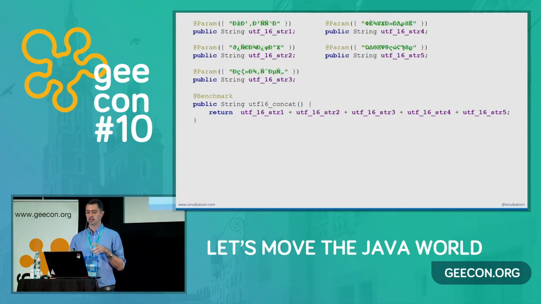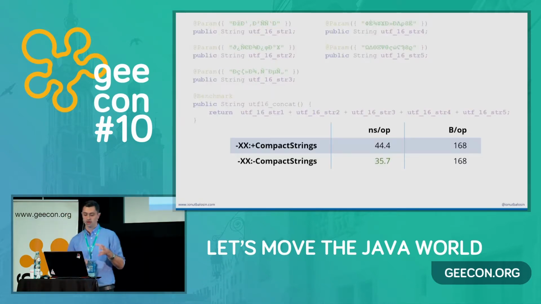And here what I did using JMH, I took several strings, like 5 strings actually, all of them backed by the UTF-16 encoding scheme, and I tried to measure 2 ways the time spent using compact strings. The first line is the default feature, and the other is without compact strings. As you can see, without compact strings, it spent around 35.7 nanoseconds per operation.